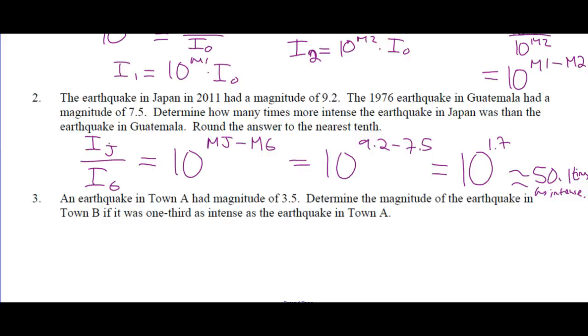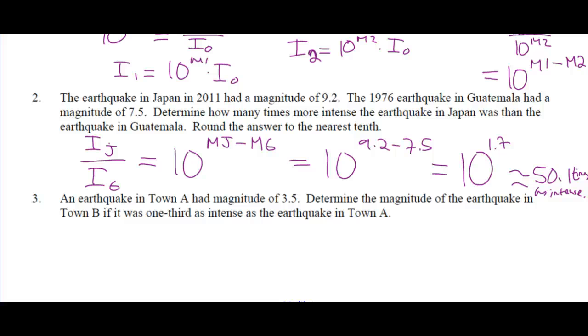So a more difficult question, instead of just straight how many times more intense: an earthquake in town A had a magnitude of 3.5. Determine the magnitude of an earthquake in town B if it was 1/3 as intense as the earthquake in town A. Okay?